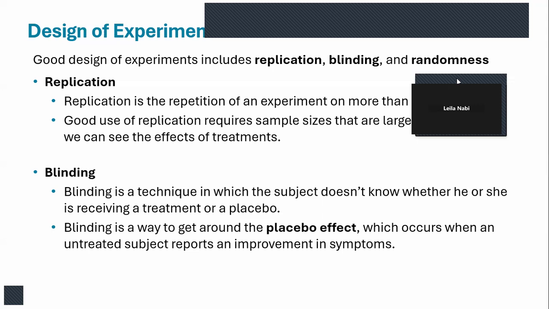It helps the researcher to see the effectiveness of the treatment, not the people's behavior, since they think that they are receiving the treatment and have a change in their behaviors, not in their health.